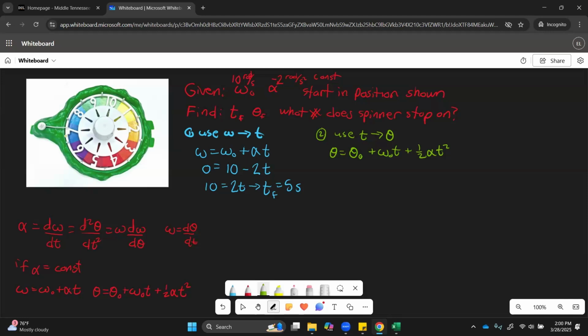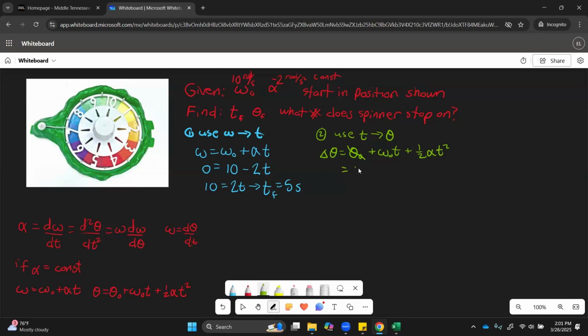So we'll track the position of the 7, say that right here is 0, and ask how far the 7 has gone. We'll say the wheel starts at 0 degrees. Tracking from the initial position, theta is basically the change in angle, so change in angle equals omega initial t plus 1/2 alpha t squared.